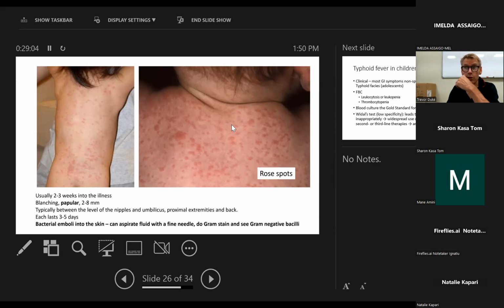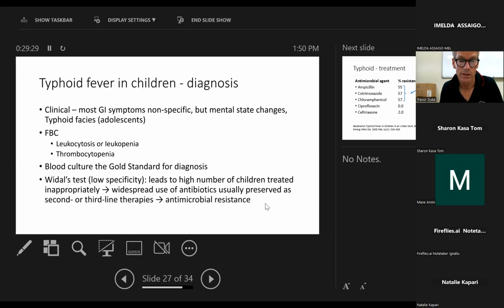If it doesn't grow, it might be because they're on antibiotics or because they've got a virus instead of typhoid. But sometimes you can find the typhoid by culturing the rash. It's bacterial emboli into the skin. Or you can take a blood culture, which can be easier.